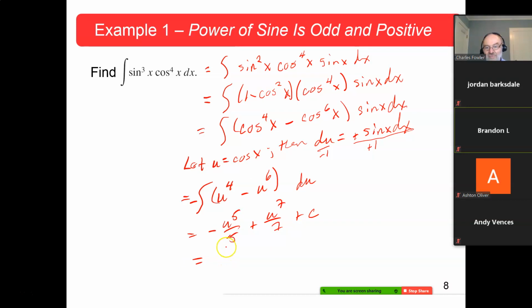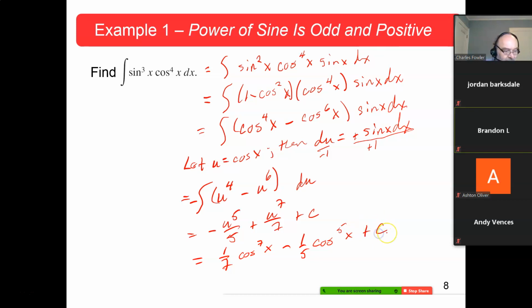So I'm going to write it this way: 1/7 cosine to the 7th x minus 1/5 cosine to the 5th x, just plugging in u equals cosine x everywhere you see it, plus c.